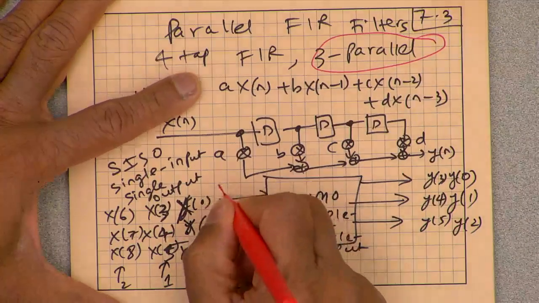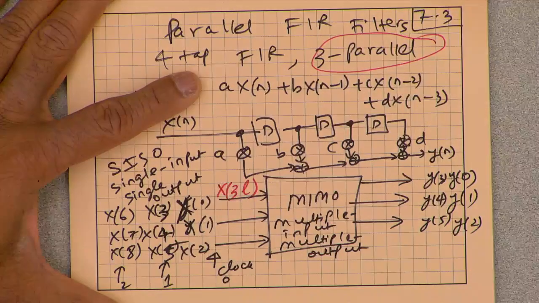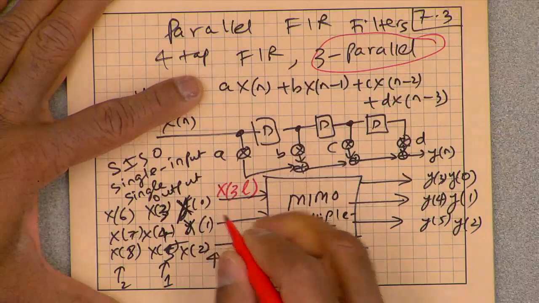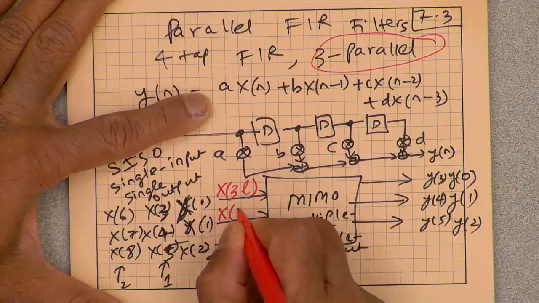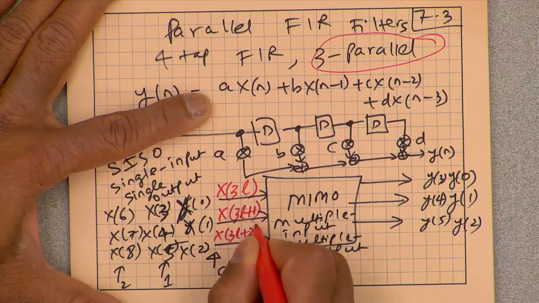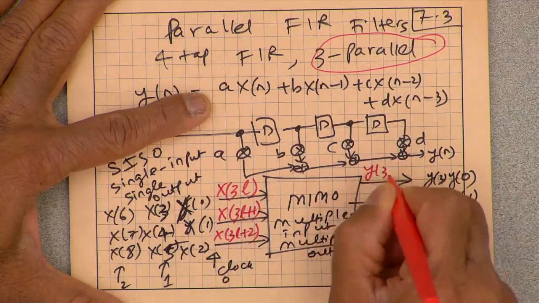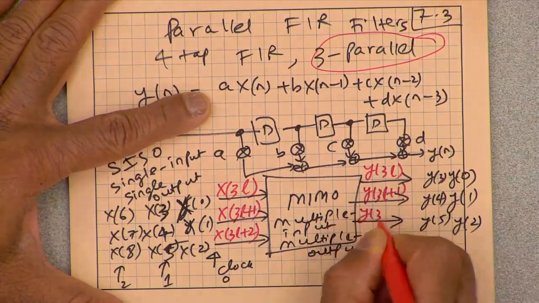So in general, it's processing the sample x3L. Think about this as clock cycle L, then the input is x3L, and this is 3L plus 1, and this is 3L plus 2. And this is computing output y3L, y3L plus 1, y3L plus 2.